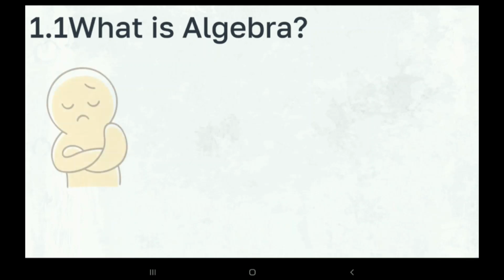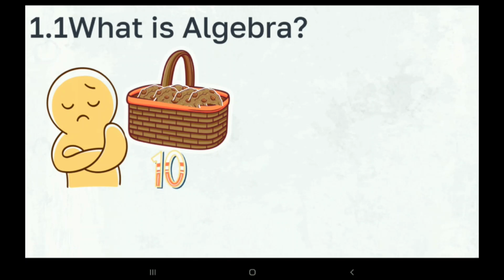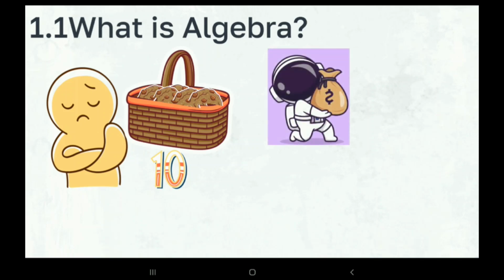For example, here we have a person, let's just say Tom. Tom is sad because someone stole his cookies. He had a basket of 10 cookies, so he has 10 cookies in a basket and someone stole some.